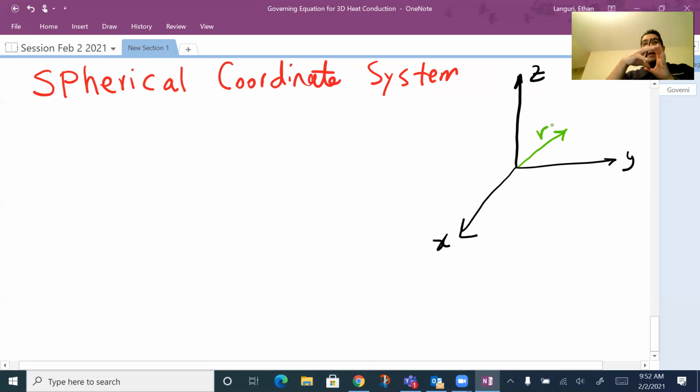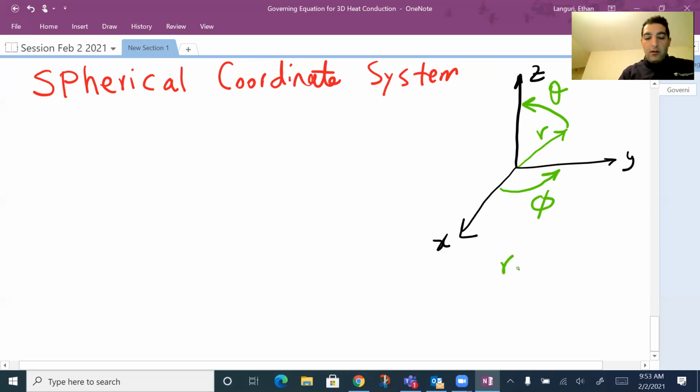Any sphere has a radius, so by changing the radius, you can generate different sizes of a sphere, and you can pinpoint any point inside that sphere with r, an angle in one direction, and another angle compared to z. So theta.